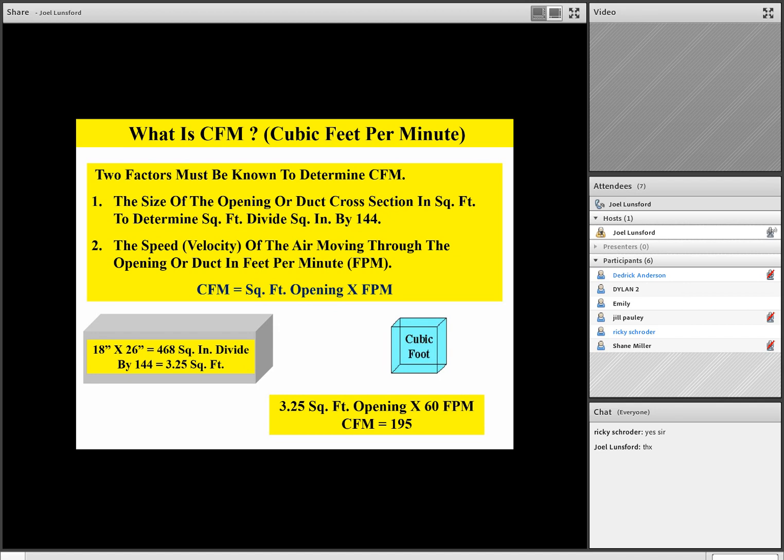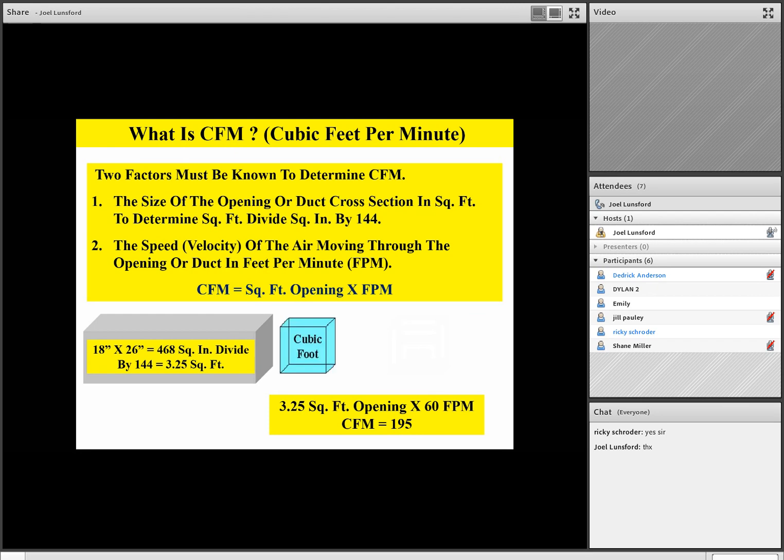So you'll see that in our example we have 3.25 square feet opening, and we're representing about 60 feet per minute velocity. We see these hunks of air, if you will, moving through. They don't come through in hunks like that, but it kind of gives a visual of the idea we're trying to get across today.